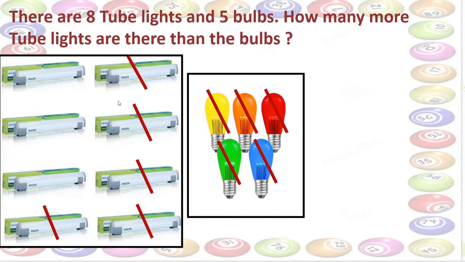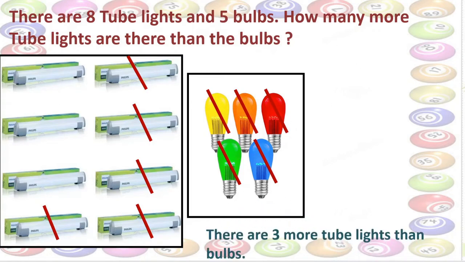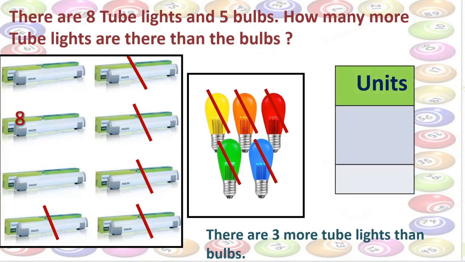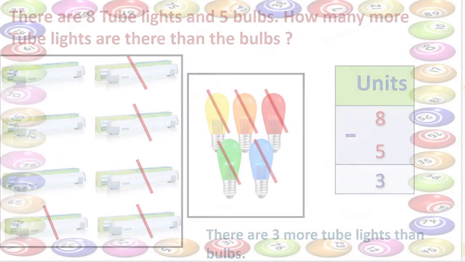Am I right? Means here we can say there are 3 more tube lights than bulbs. Here we will write 8 minus 5 is equal to 3. Got this, children? Here we made the comparison between tube lights and bulbs.